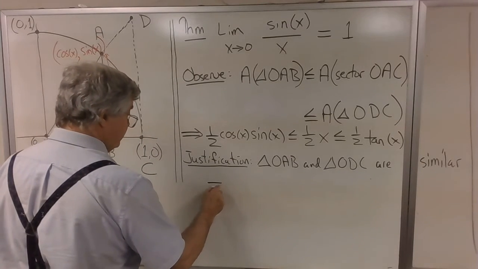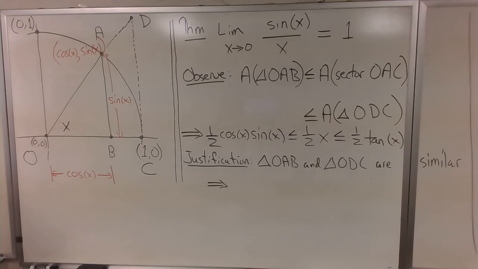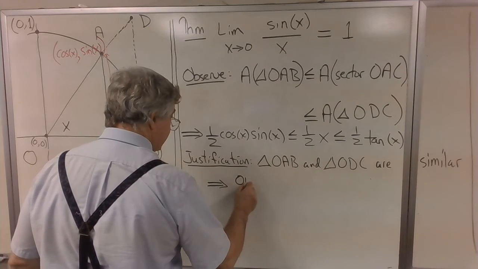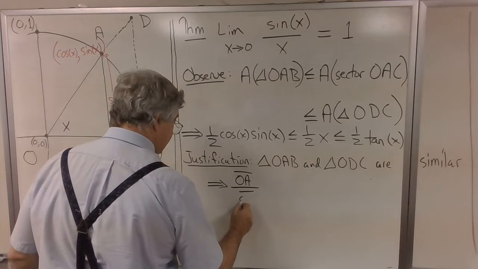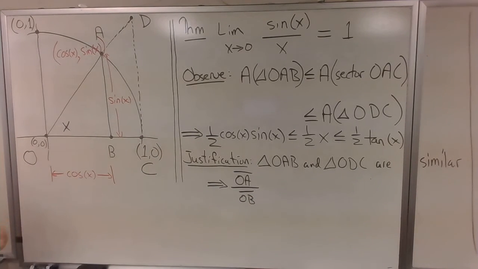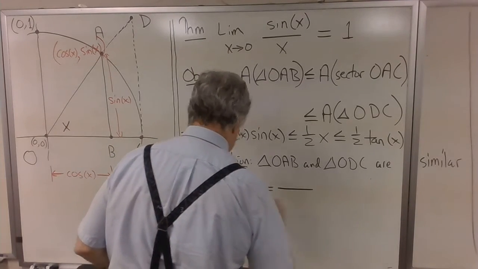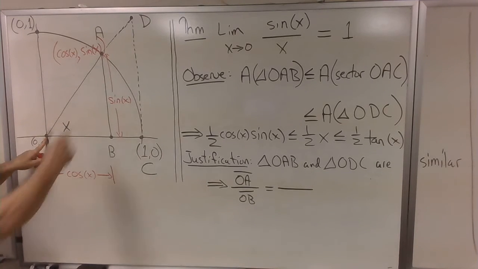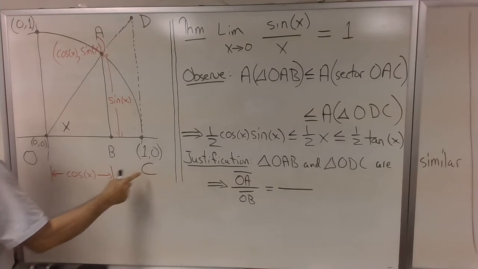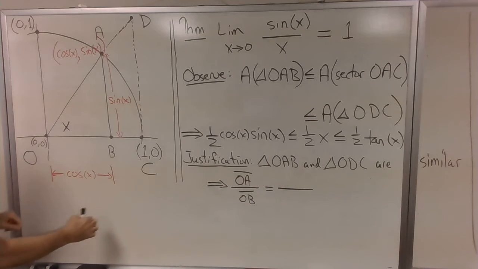So, in other words, if I take the ratio of side OA and OB, in the smaller triangle OAB, if I take the ratio of the hypotenuse OA and the horizontal leg OB, that has to be the same as the ratio of the hypotenuse of triangle ODC and the horizontal leg of ODC.